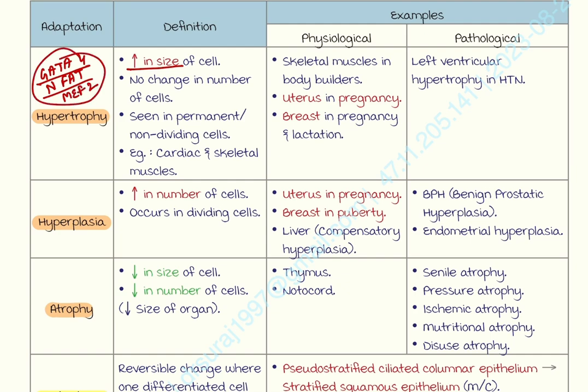These are the genes which increase the proteins, and increased synthesis of the cellular protein leads to the increased size of the cells. This is seen particularly in permanent or non-dividing cells, meaning those which cannot respond to the insult by increasing their numbers can be hypertrophied.